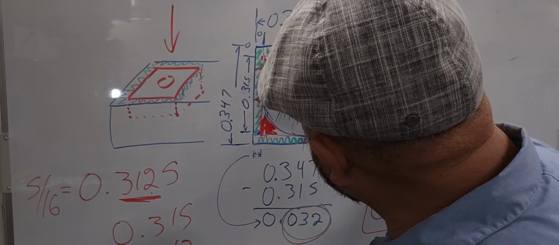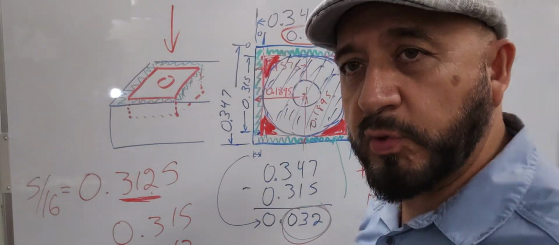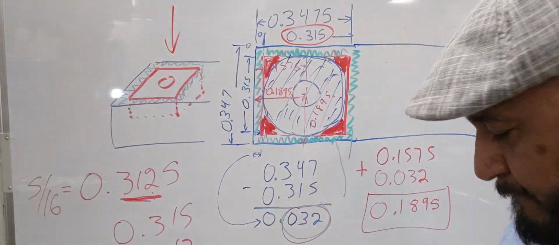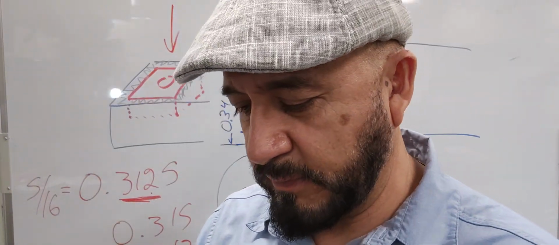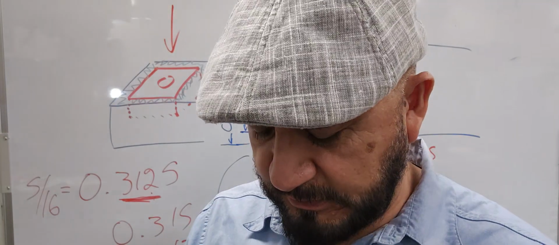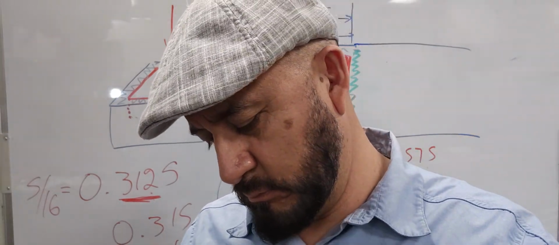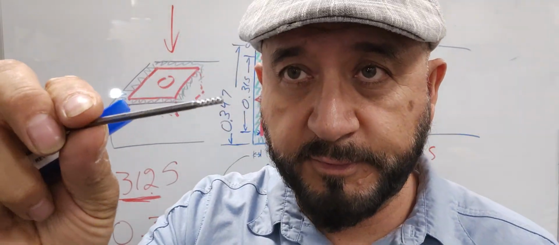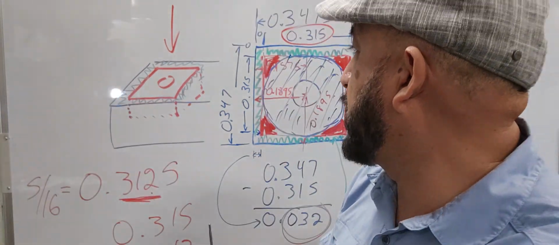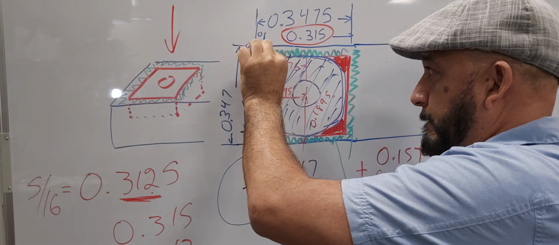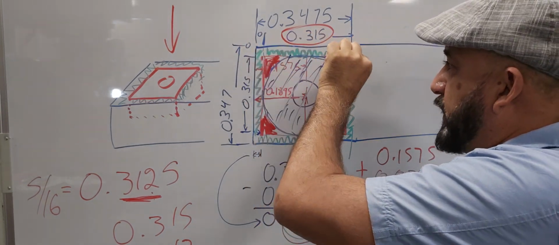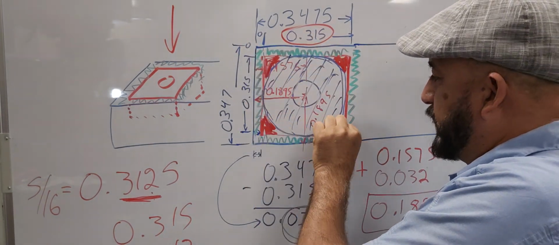So what we're gonna do, we're gonna put another tool, another cutter. In this case, I have a 109 thousandths cutter. This one right here. It's gonna plunge right here. And then I'll move it right here. Then I'll move it here. Then I'll move it here.